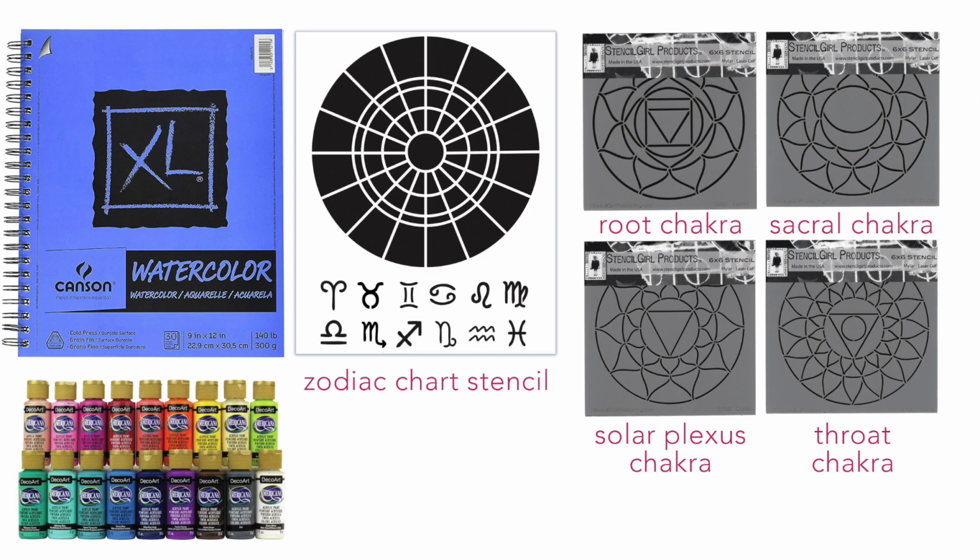Select a rainbow of colors, so that way you can capture those 4 elements of fire, earth, air, and water. And then to apply the paint, my favorite thing to use are makeup sponges that you can find in the pharmacy or wherever they sell makeup. You're going to see that I use other supplies in addition to these, and I list all of that in the description below with links on where you can buy them.